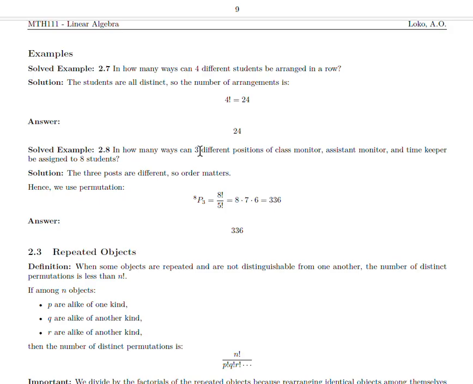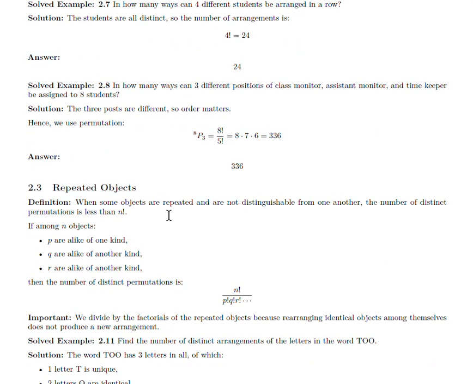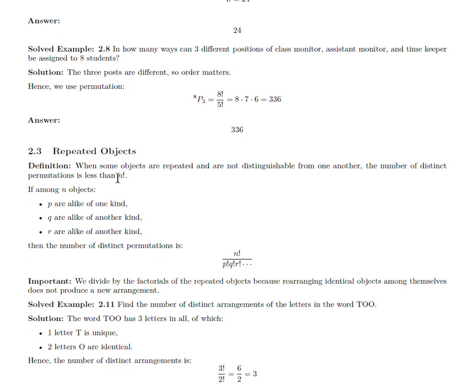So in essence we're saying we can shuffle those 3 positions among 8 students in 336 ways. Another case is where we might have repeated objects. When some objects are repeated and are not distinguishable from one another, the number of distinct permutations is less than n factorial.